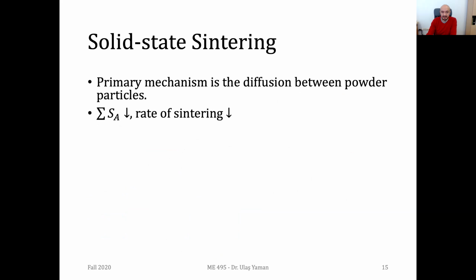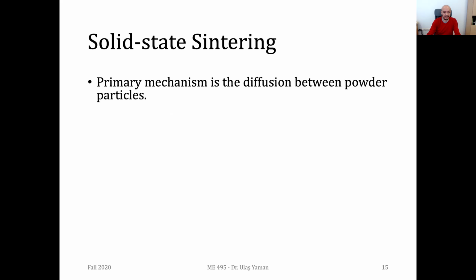And obviously the primary mechanism in the solid state is diffusion. So as the summation of surface area decreases, then that means the rate of sintering will be decreased. Since our main aim was to minimize the total surface area or total energy, so surface energy, with the help of it, we can set the rate of sintering.